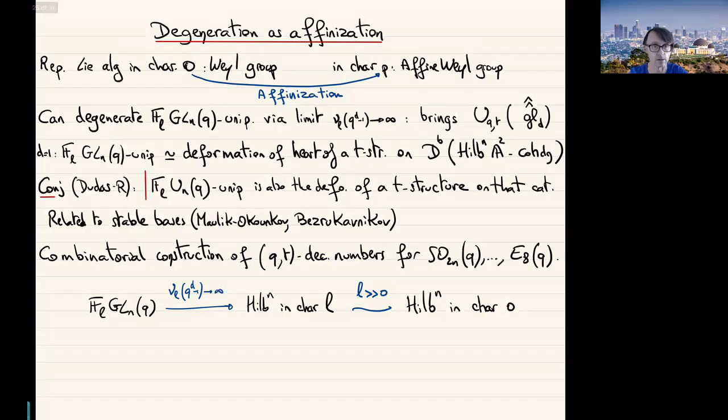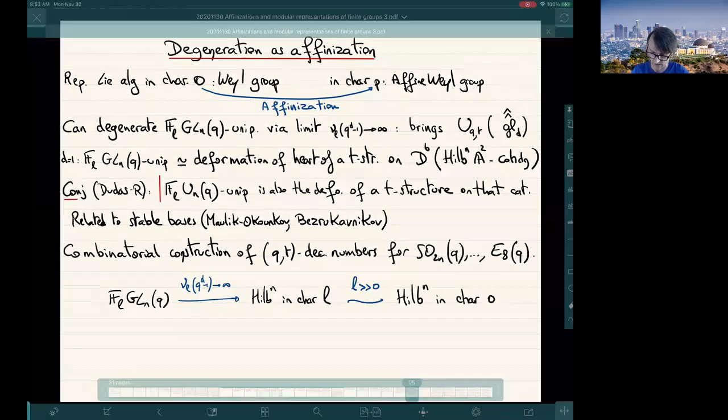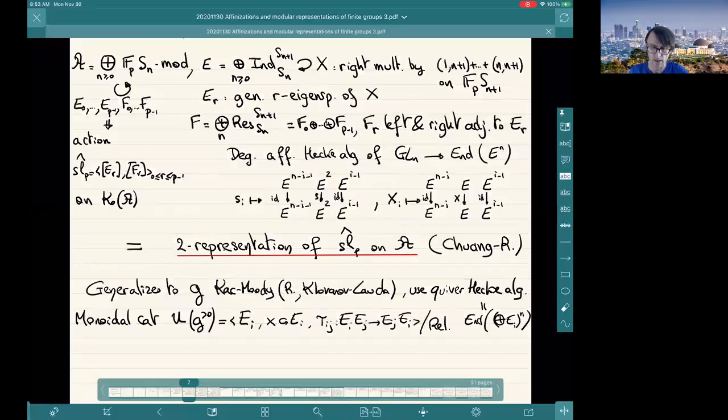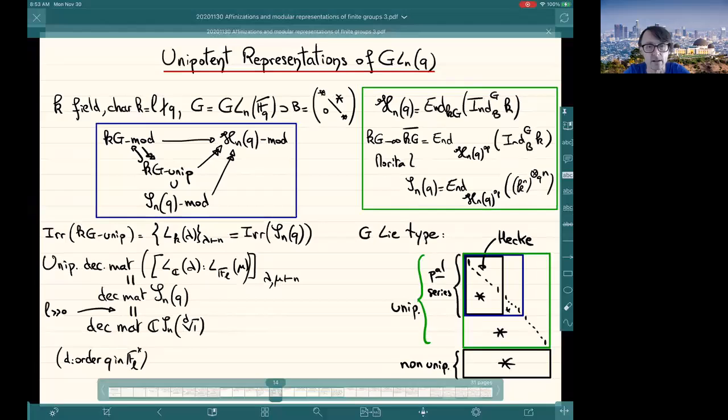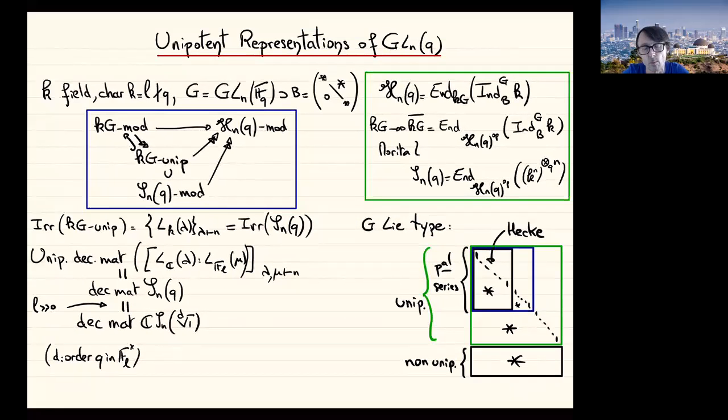Right, so I want to say the last thing is that from the point of view of decomposition matrices, if I go back here. The decomposition matrix for a general finite group of Lie type, the unipotent part of the representations, involves non-unipotent rows that come from characteristic 0. In characteristic l, everything will be unipotent, but there are characteristic 0 characters that are not unipotent playing a role. And as I've explained, this number of rows is not generic.